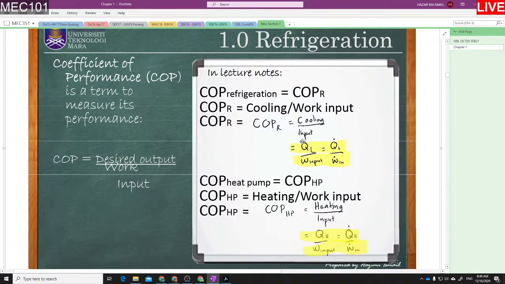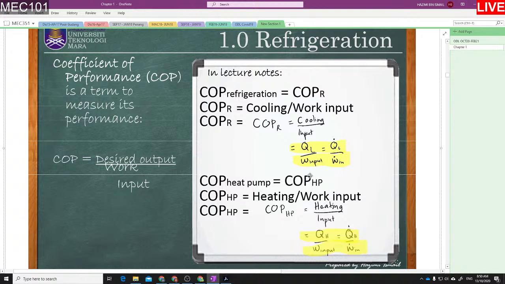QL is the heat the refrigerator transferred from the refrigerated space into your surrounding. If you put your hand at the back of the refrigerator, you will feel hot air, because heat is transferred from the space inside the refrigerator to its surrounding. The surrounding means your kitchen area.